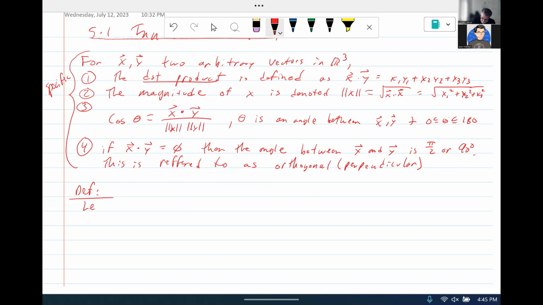Let x equal x1, x2, to xn. So we're not going to restrict ourselves this time to just 3 dimensions.